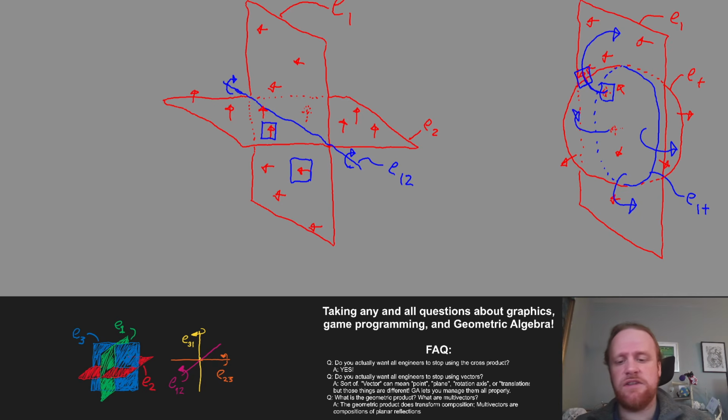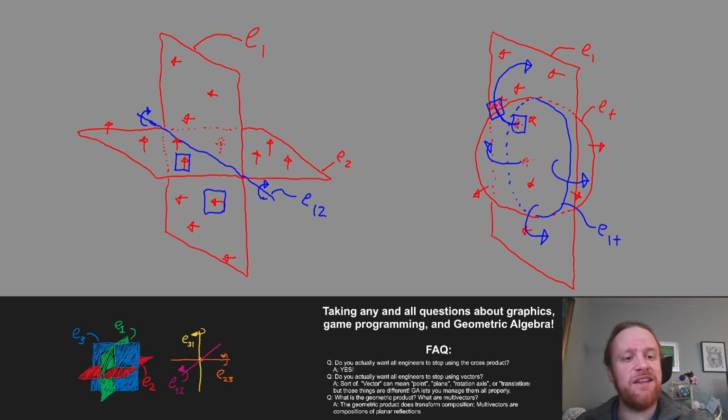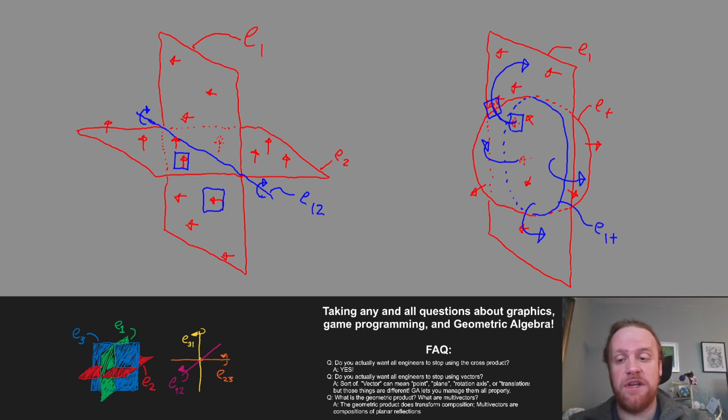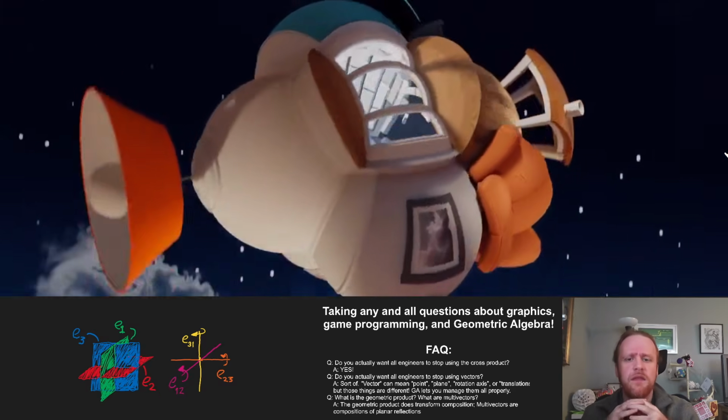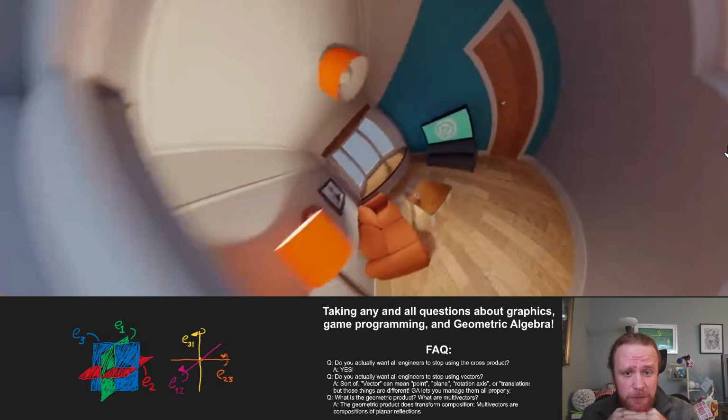E1 plus. Let's look at it a little. So E12 is a 180 degree rotation. E1 plus is actually also kind of like a 180 degree rotation. This is a conformal transformation.